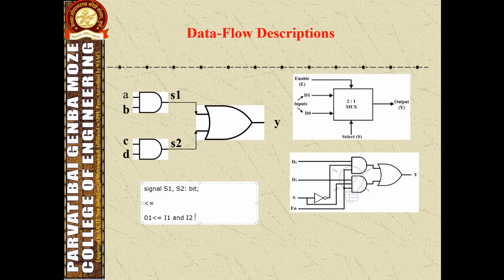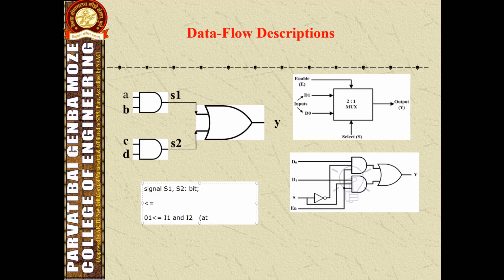As I said, the assignment execution can be done in two phases. One is the calculation phase and the second is the assignment phase. First, see the calculation phase. What is the calculation phase? The value of O1 is calculated using the current values of I1 and I2 at time T0.